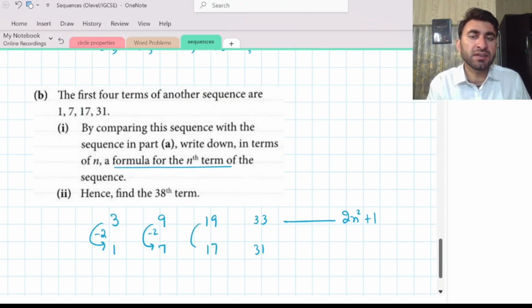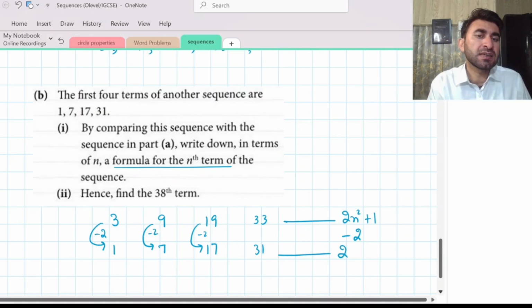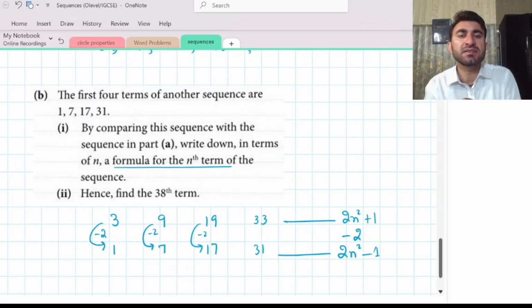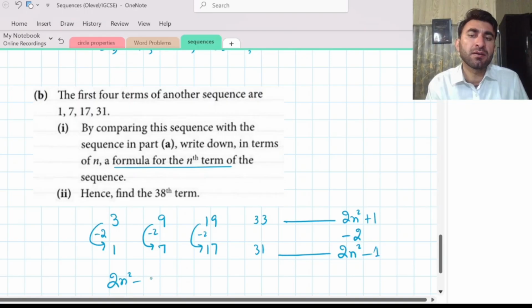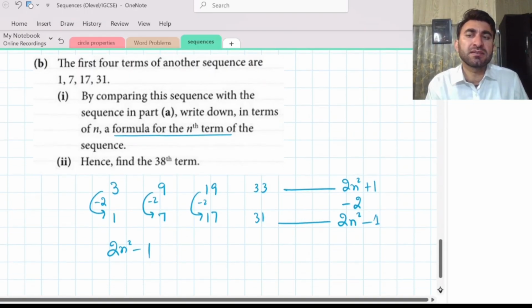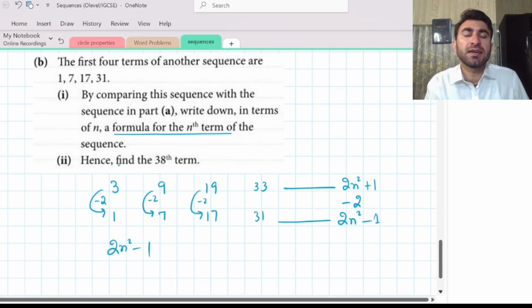Whenever we subtract 2 from a term of the first sequence, we get the second sequence. We can verify it with any term. So when we subtract 2 from the nth term of the first sequence, we get the nth term of the second sequence, and that is 2n square minus 1. So the nth term formula for the second sequence is 2n square minus 1. And in the second part it says, hence find the 38th term of the second sequence.